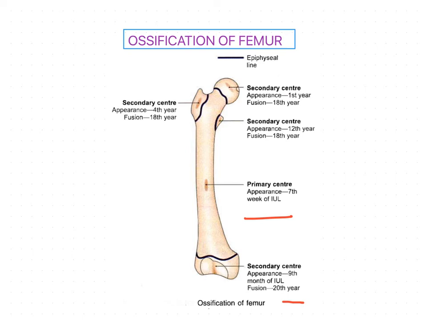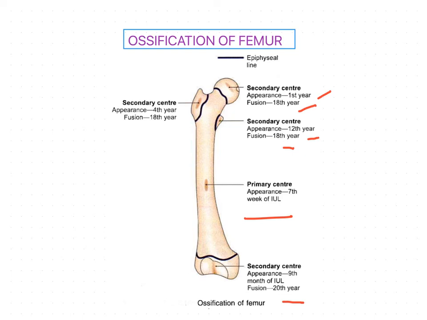The next one is for the lesser trochanter, which appears at the 12th year and fuses at the 18th year. The 3rd secondary center, for the head, appears at the 1st year and fuses by the 18th year.